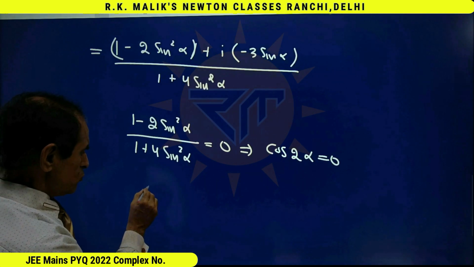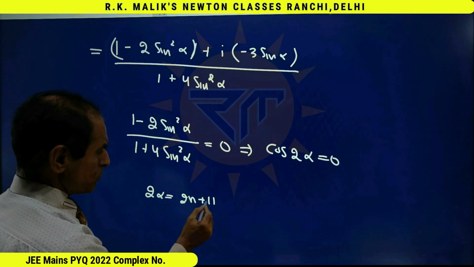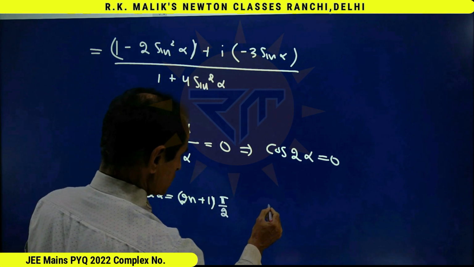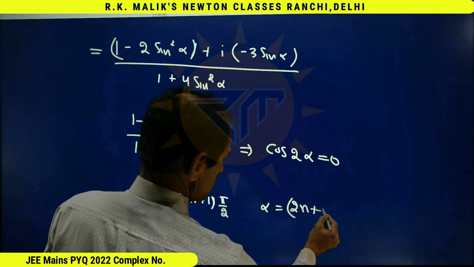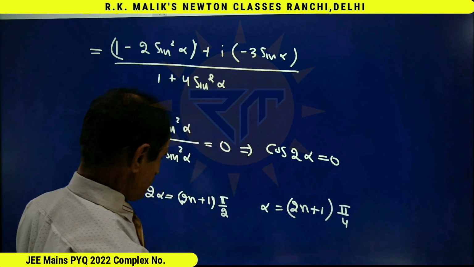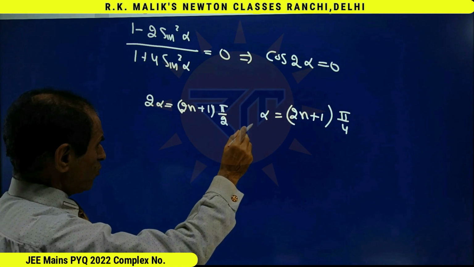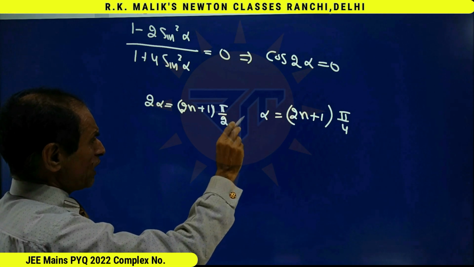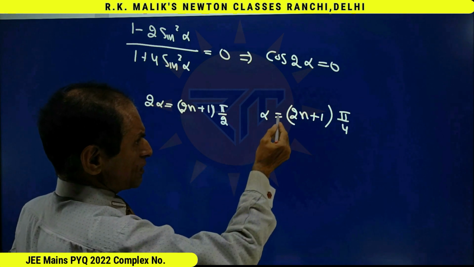And 2 alpha is equal to 2n plus 1 pi by 2. That is alpha is 2n plus 1 into pi by 4, where n is any integer, but only that value of n will be taken for which the value of alpha lies in the interval pi to 2 pi.